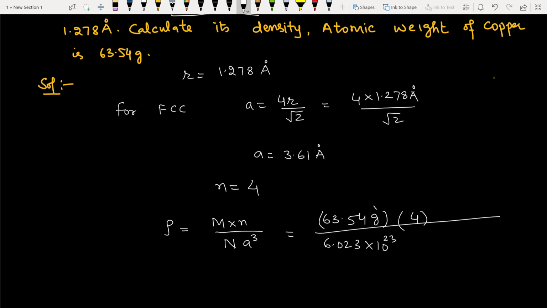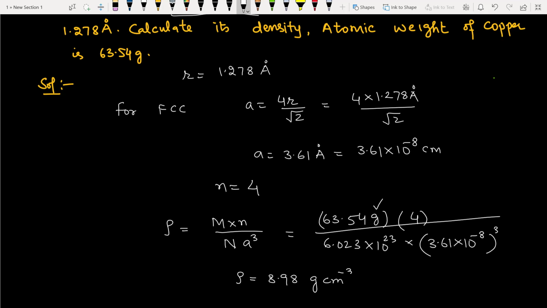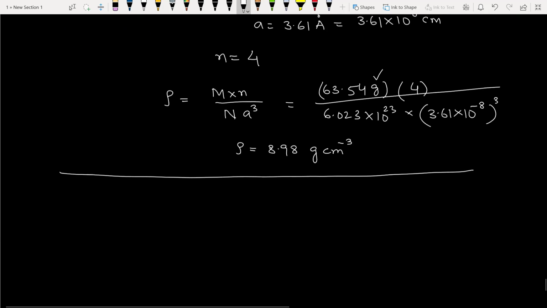And as this is in grams, it should be in centimeters. So it is 3.61 10 raised to power minus 8 centimeter, whole cube. So density comes out to be 8.98 gram per centimeter cube. This is in CGS because the whole numerical is solved in CGS. So this is how we deal with different numericals for cubic structures.